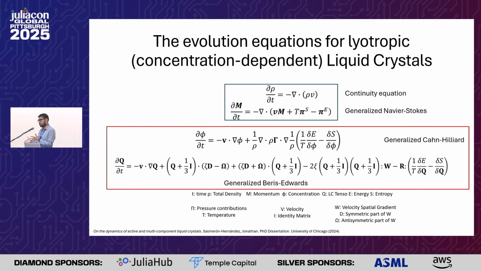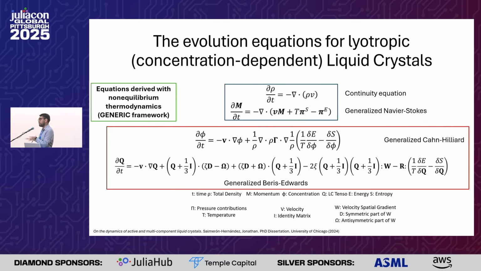Unfortunately, I don't have time to go through this equation or the derivation, but I will let you know how to find it later. We use non-equilibrium thermodynamics through the GENERIC framework. That's the G at the beginning of the name of my code: G for generic. The first two equations model the flow, or the velocity of the fluid.